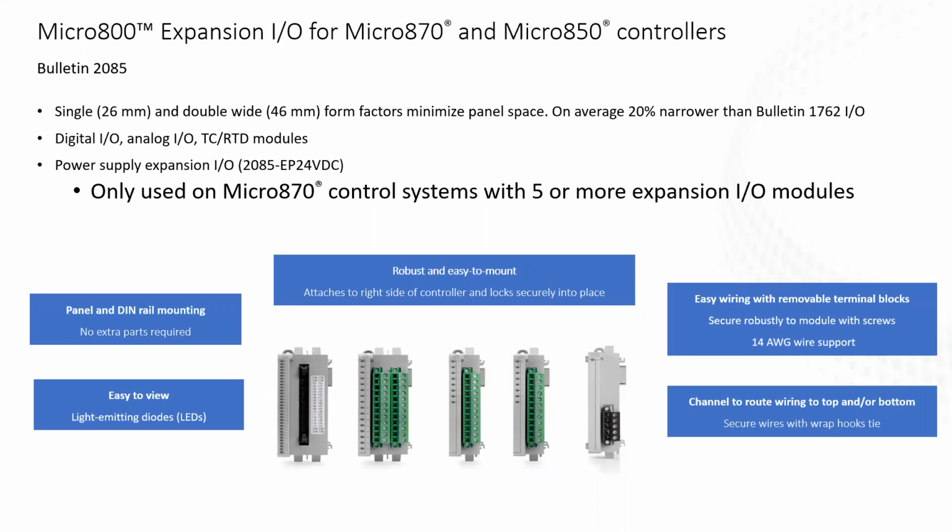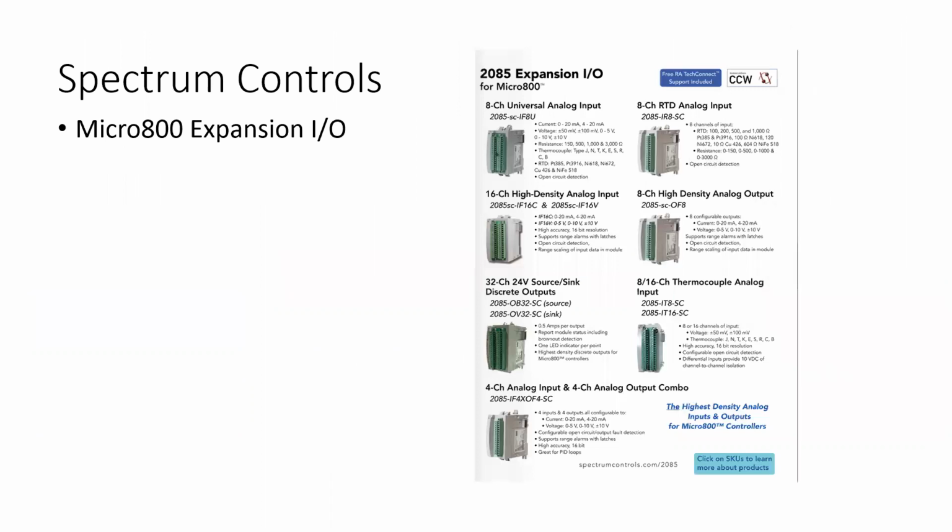These expansion modules are available in the Micro 870 and the Micro 850, not in the 830 or the 820. So that's typically when we get into using the 850 more often, because we need these expansion IO capabilities. And Spectrum has us covered there as well.